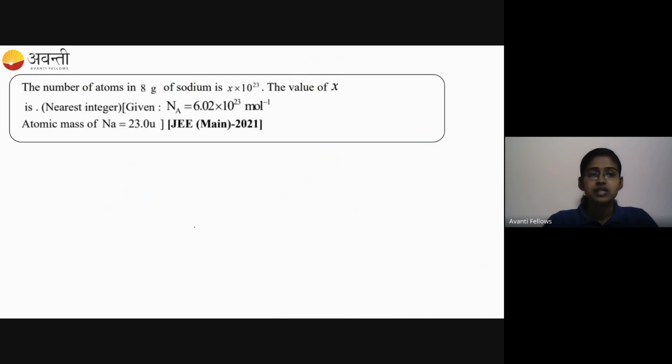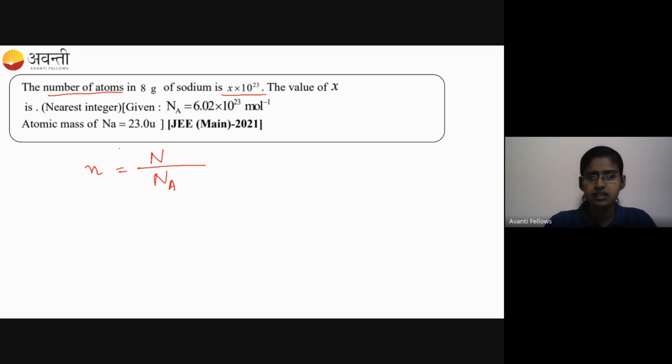Again in this question we have to find out the number of particles, that is atoms, in 8 gram of sodium. This is X into 10 power 23, the value of X is. Atomic mass of sodium is given, Avogadro number is also given. So what we have to do? We have two relations to find out the number of moles. One is n is equal to N by Na.